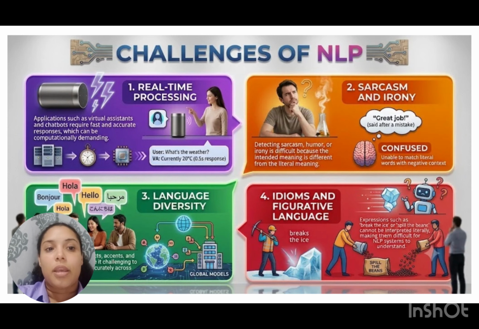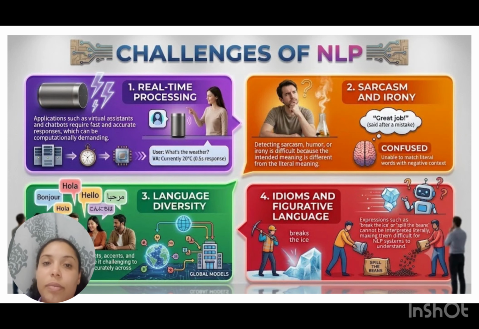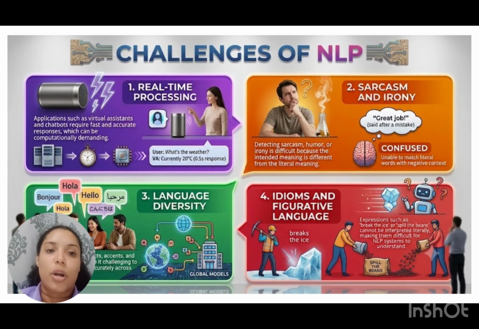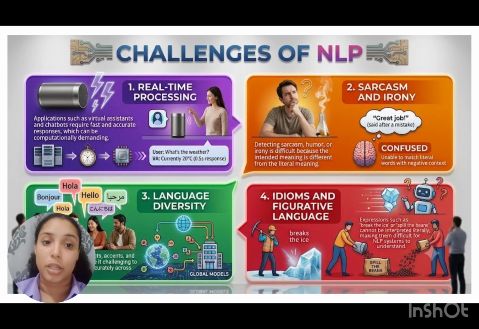systems. They have a different meaning from the literal one. For example, "break a leg." Both words individually mean something bad, but the idiom often has the meaning of "good luck," not to actually break your leg.